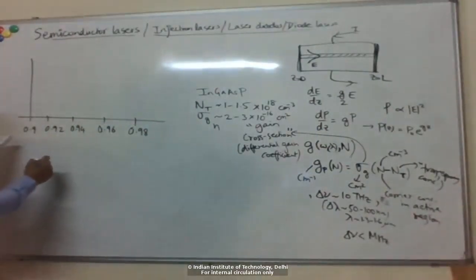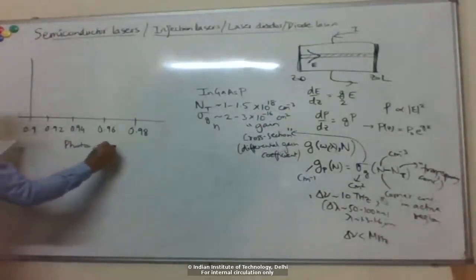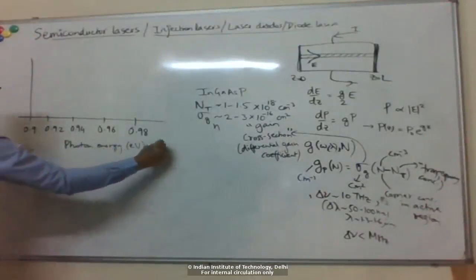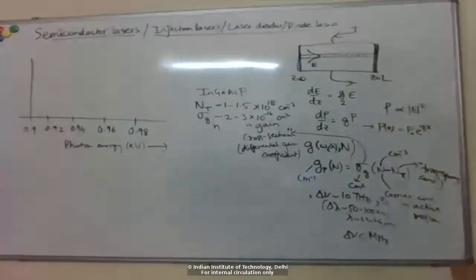We are plotting the photon energy in eV, so the wavelength of emission is 1.24 divided by this number, in microns.